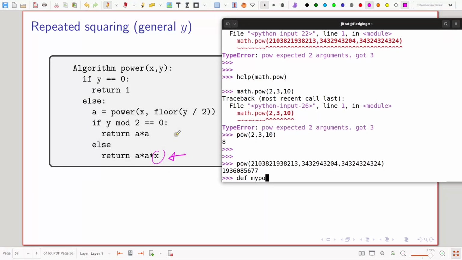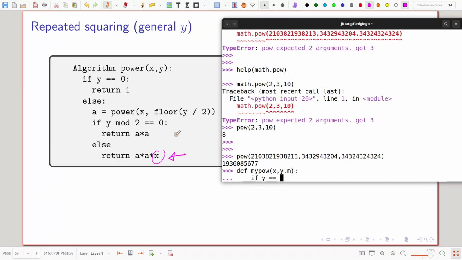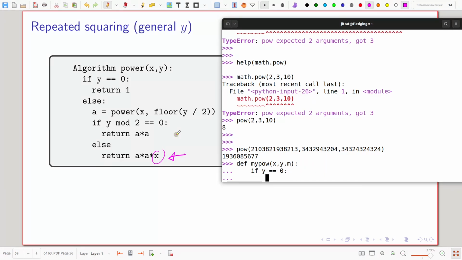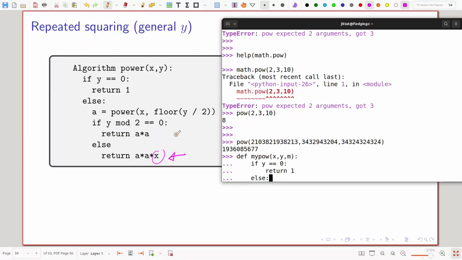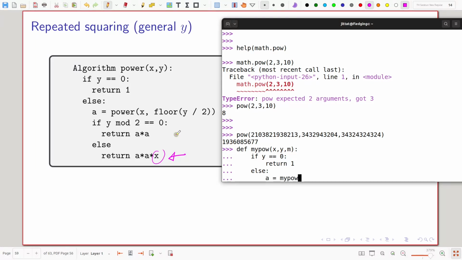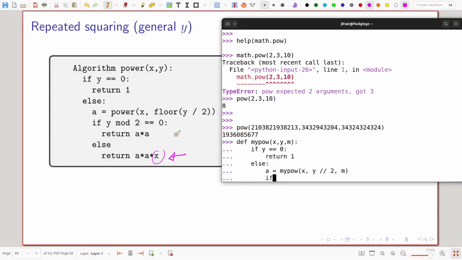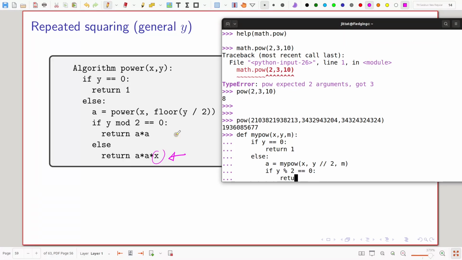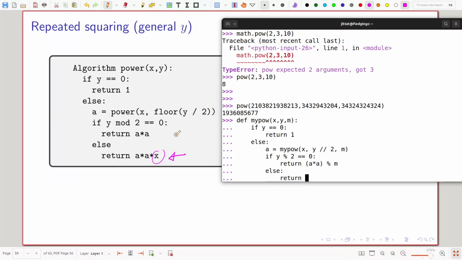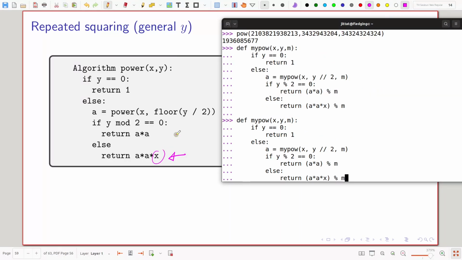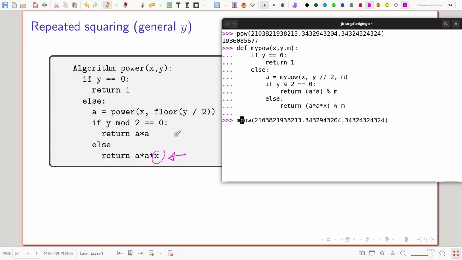Okay, same thing, it's actually the same function.